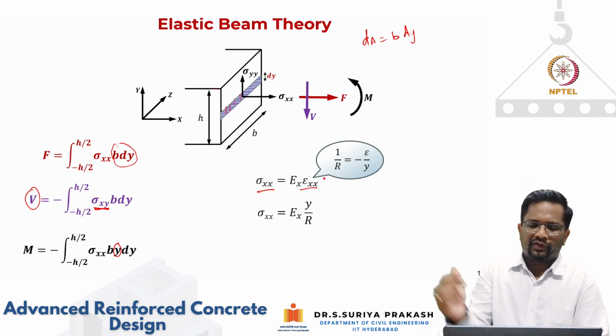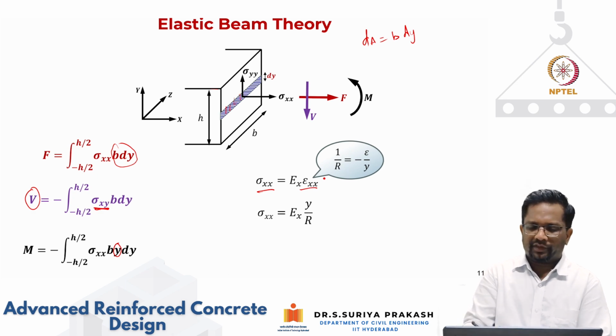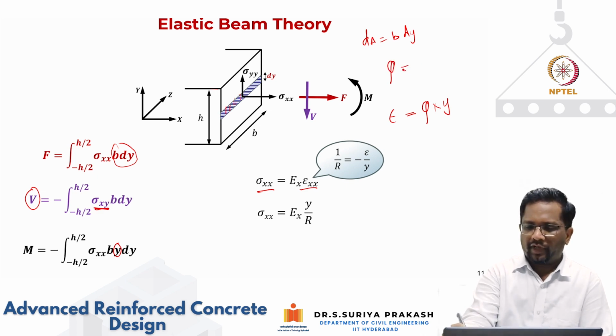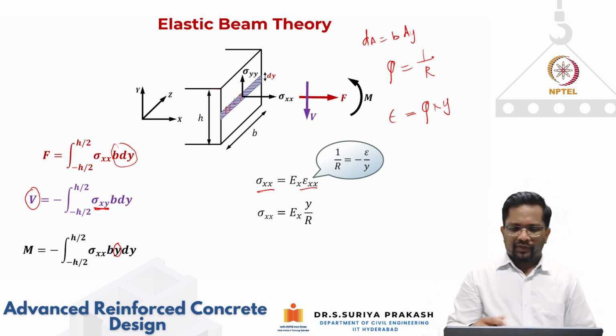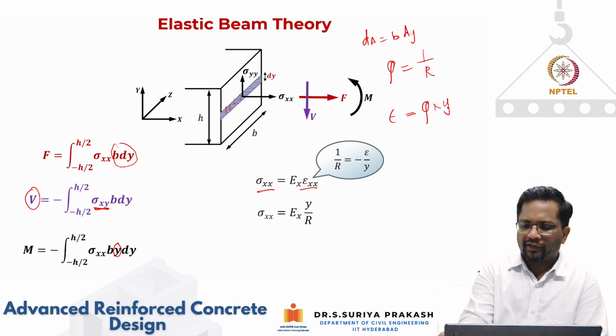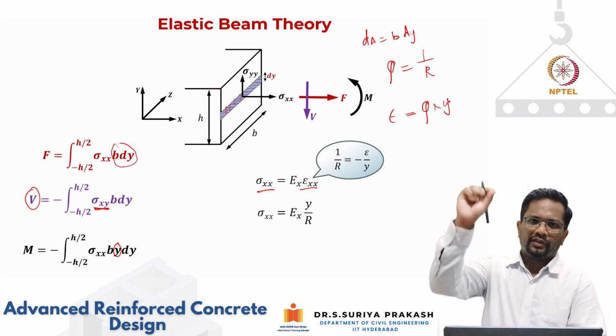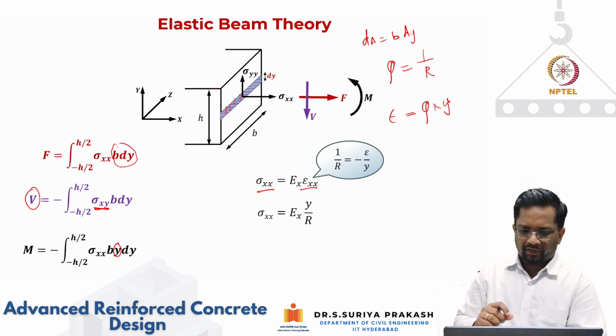Now, what is the expression for strain that we derived from the previous expression? Epsilon is curvature, phi, multiplied by y. And phi we wrote as 1 by r; 1 by r is the inverse of the radius of curvature, which is nothing but your curvature. So strain is curvature multiplied by the distance of the fiber that you are taking.